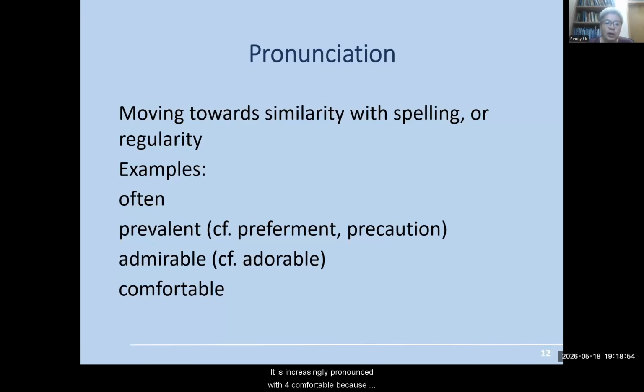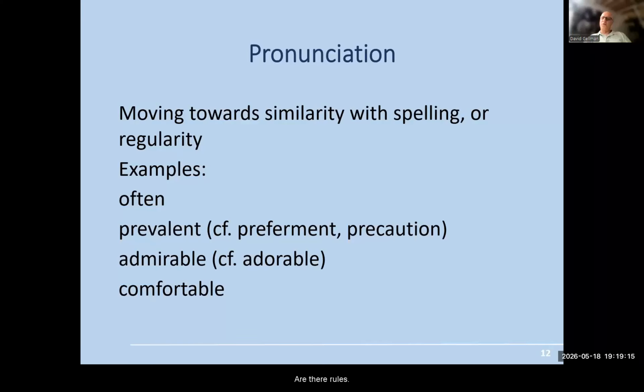It is increasingly pronounced with four, comfortable, because that's how it's spelled. And this is another example of how pronunciation is beginning to be influenced by spelling, and to pronounce it with four syllables is perfectly acceptable and easy to understand.